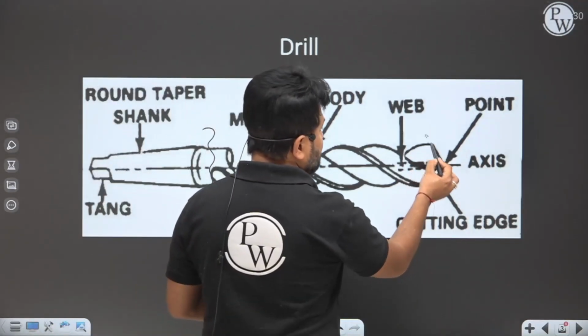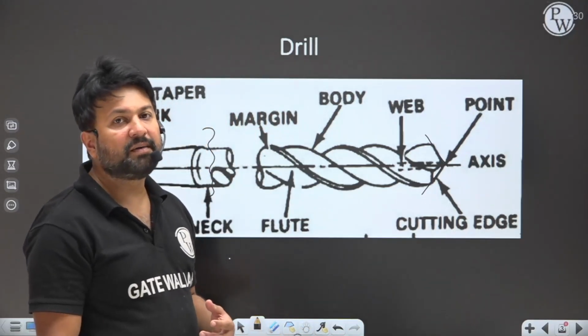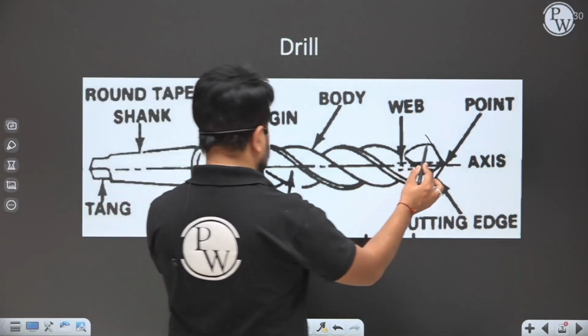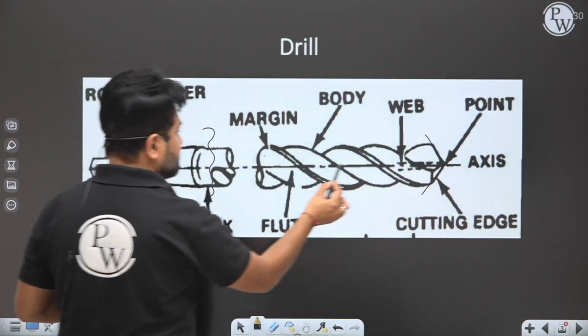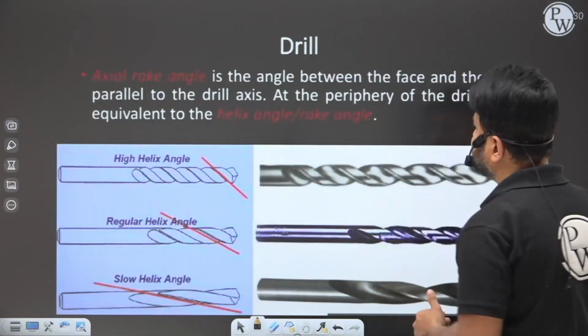This is the cutting edges, by which we are going to do a machining operation. This portion is known as body, and this is the axis of rotation of the drill tool about which the drill is going to rotate.